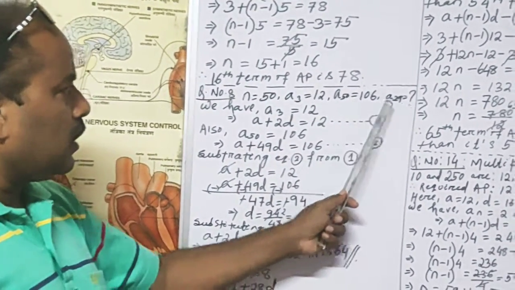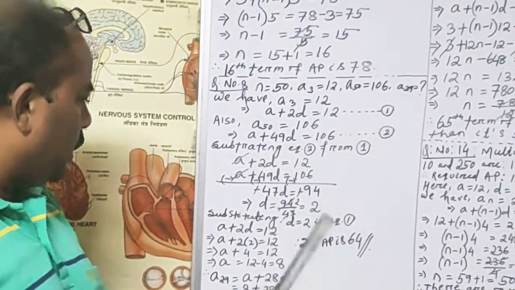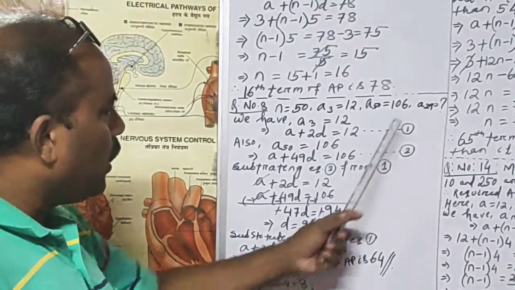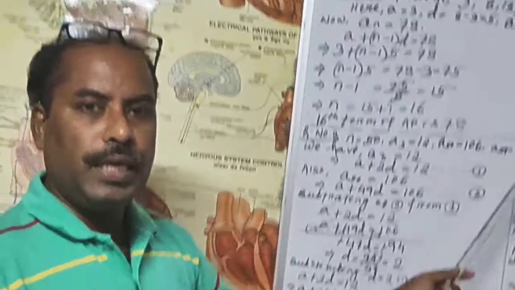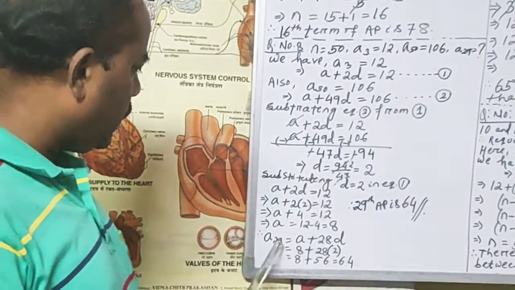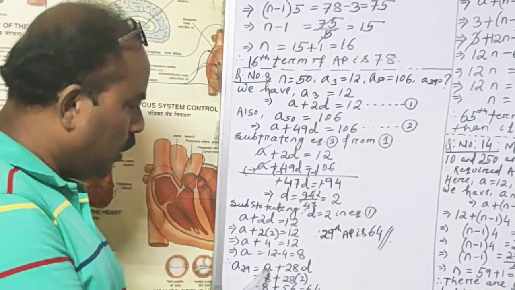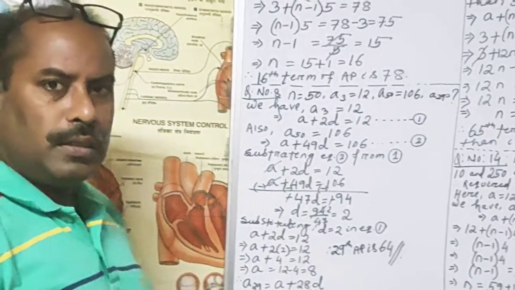After that it is asking what will be the value of a29, meaning the 29th term. To find a29, the formula will be a plus 28d. a29 will be a plus 28d. What do we need here? We need a and d, whereas a is not given and d is not given.